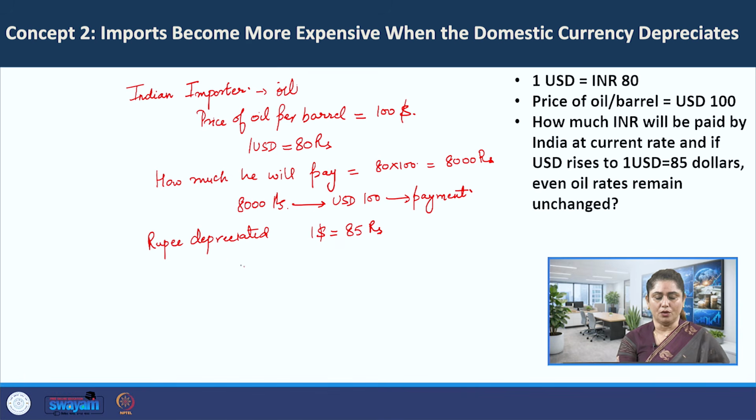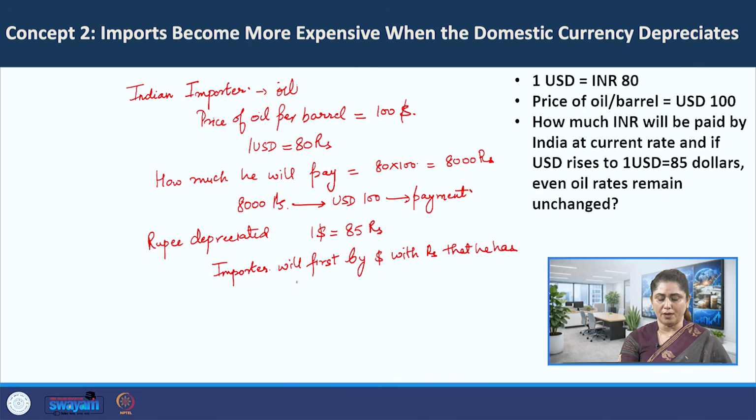Now, the importer will first buy dollars with the rupees that he has. Here he has to buy $100. And what is the new exchange rate? This is the new exchange rate. So, to buy $100, how many rupees is he going to spend?